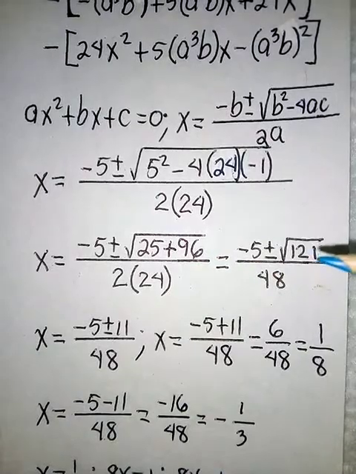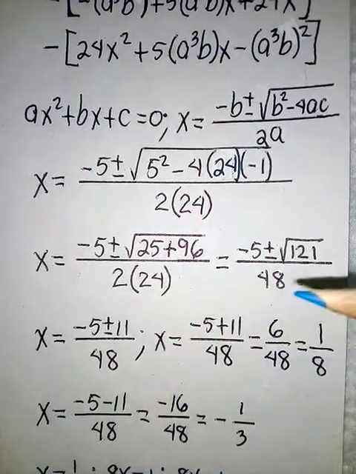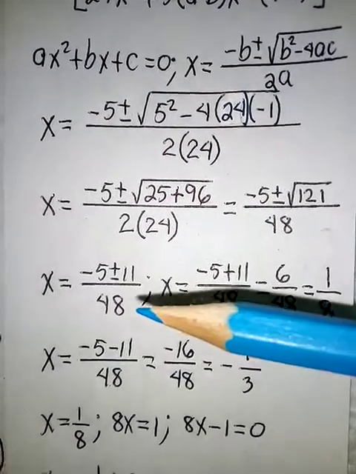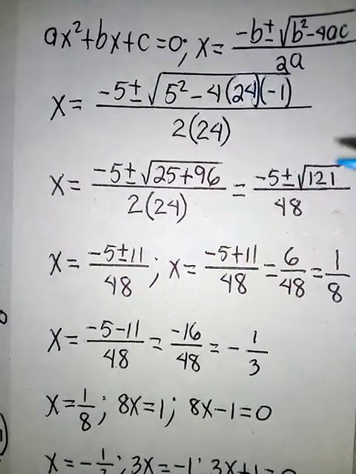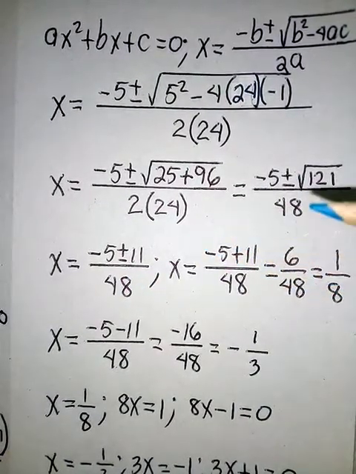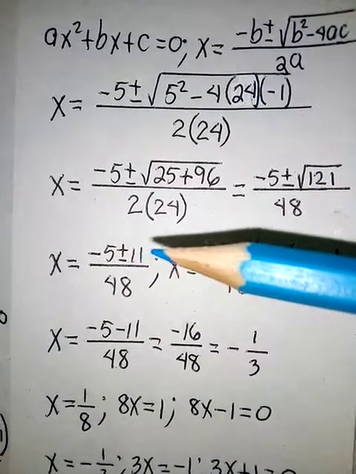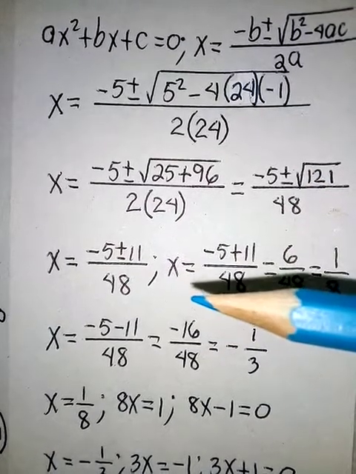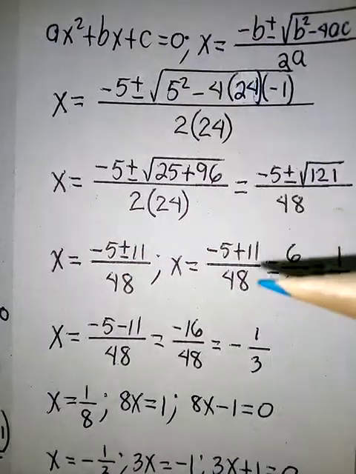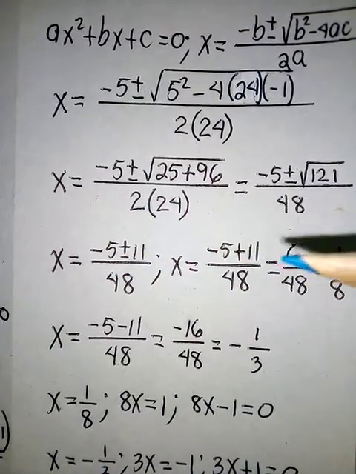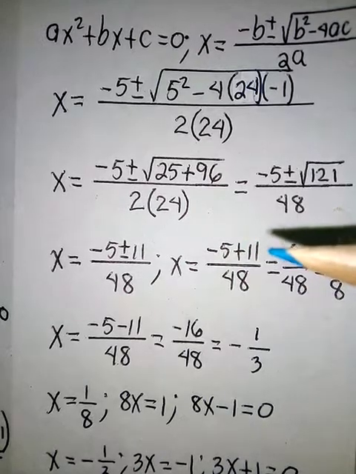So we have x is equal to negative 5 plus or minus, square root of 121 is 11, all over 48. So x is equal to negative 5 plus 11 all over 48, or 11 minus 5 is equal to 6. So 6 over 48 is equal to 1/8. So x is equal to 1/8.